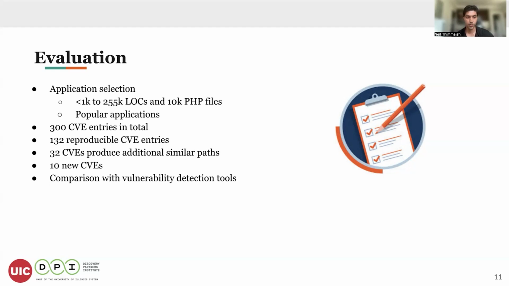And we select a total of 300 CVE entries and reproduce about 132 of them, out of which we find additional similar paths for 32 CVEs, spanning 19 applications, like I said. And the results that we have submitted give us 10 new CVEs from MITRE. And we also compare FIXX with other vulnerability detection tools, which I will discuss in the next few slides, to prove its efficiency.